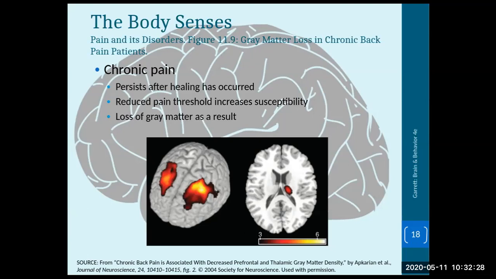So sometimes in physical therapy, they will put amputees in front of a mirror just to show their brain and show their visual system that there's nothing there, and it kind of shuts off that pain, or stops tricking it. So let's talk about chronic pain.